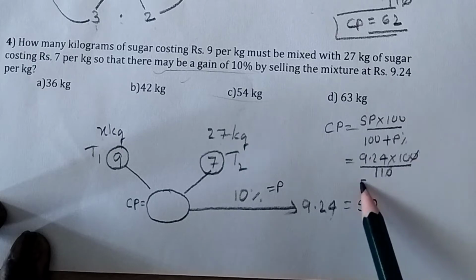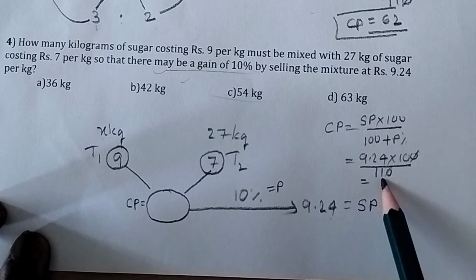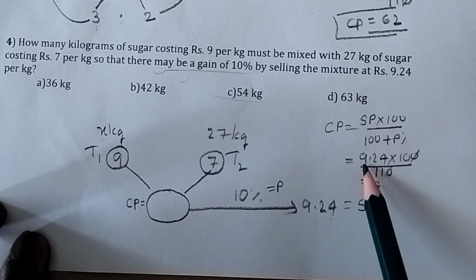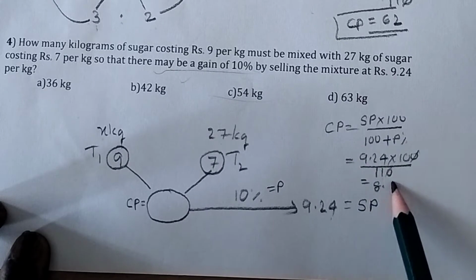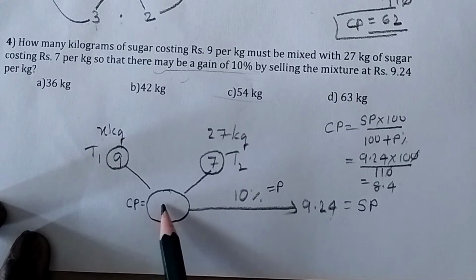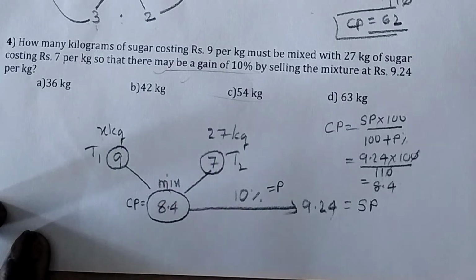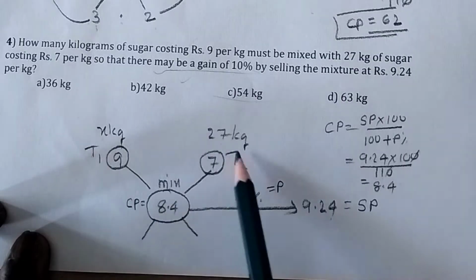So now this will be 8 times 44, 8.4. So now the cost price is 8.4. This is the mixture cost price. So now we know how to find out the ratio between type 1 and type 2.